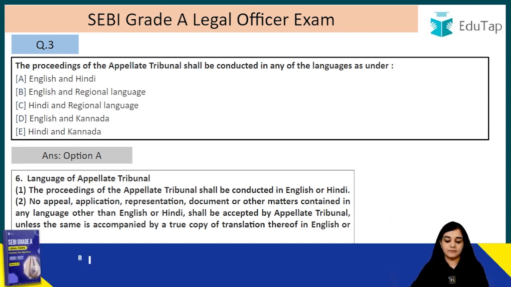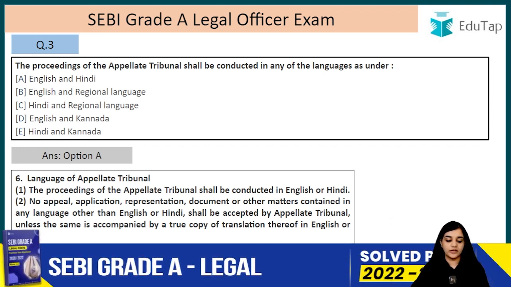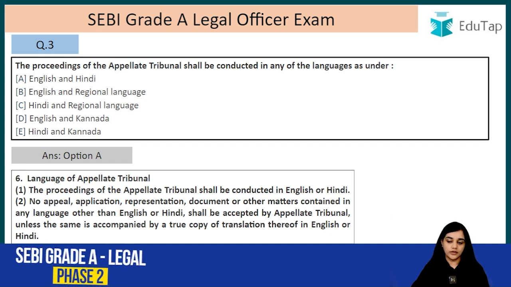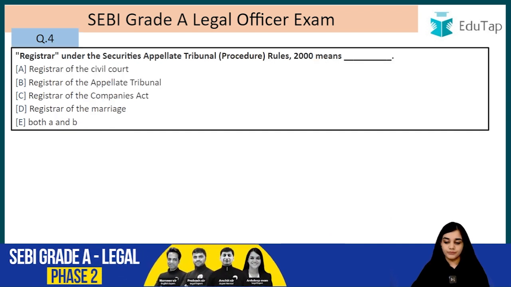So no appeal, application, representation, document or other matters contained in any language other than English or Hindi shall be accepted by the Appellate Tribunal unless the same is accompanied by a true copy of translation thereof in English or Hindi.